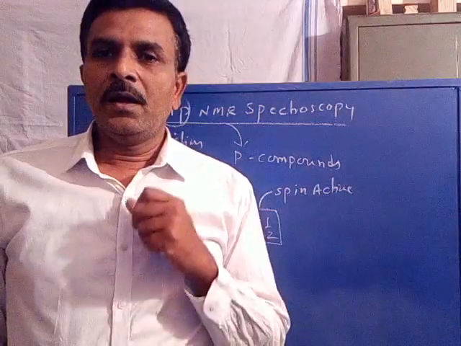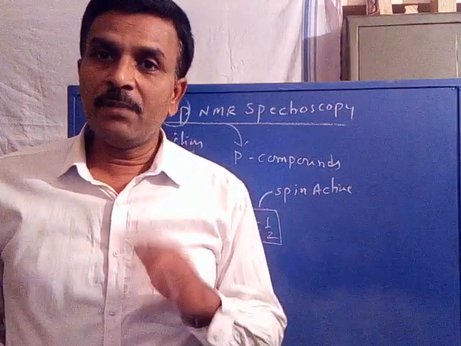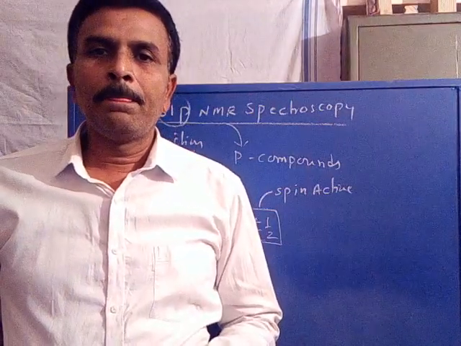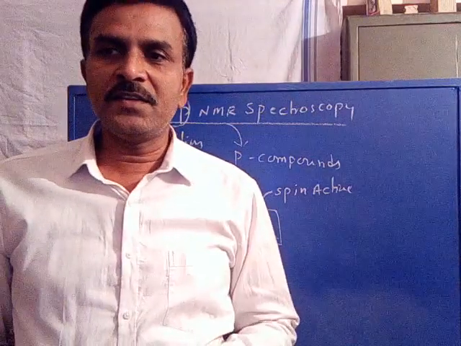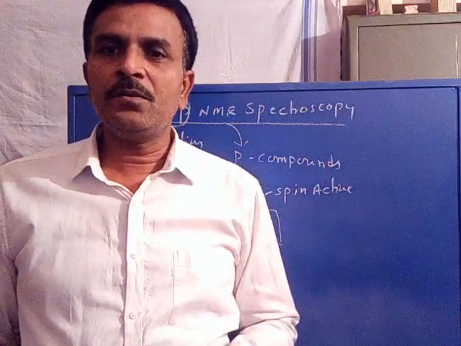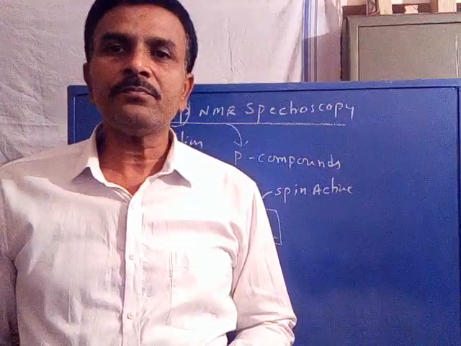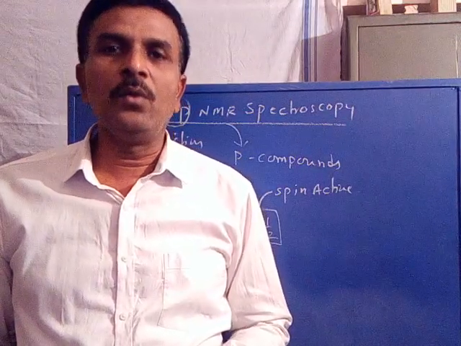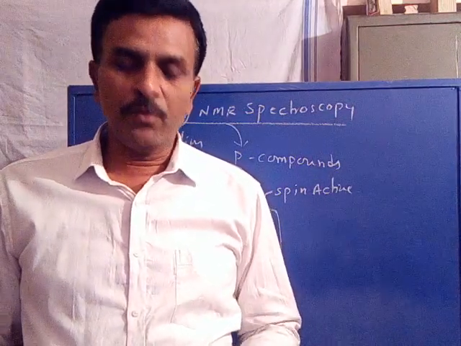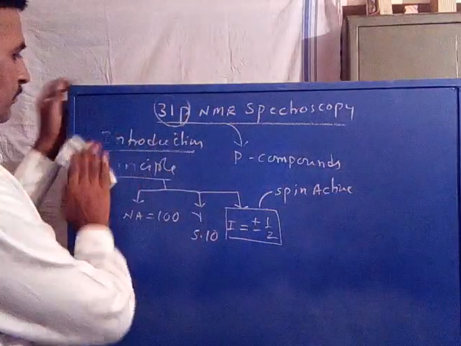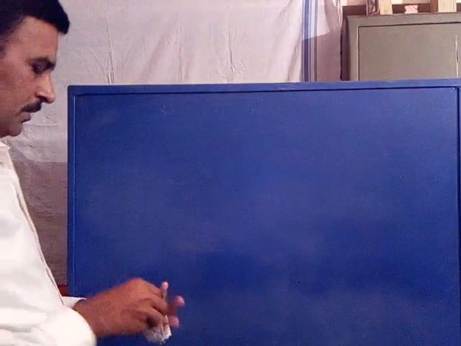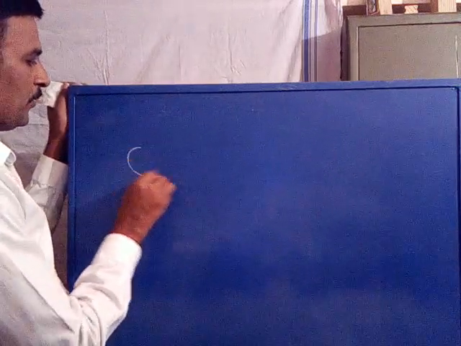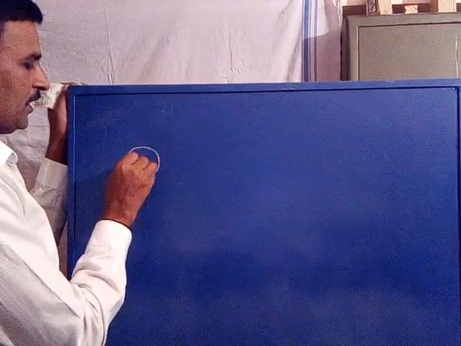Therefore, under the conditions of external magnetic field, the 31 phosphorus nuclei degenerated energy state is split into two energy levels according to the 2I plus 1 rule, similar to proton and fluorine. Say for example, now you take a nuclei of phosphorus 31.